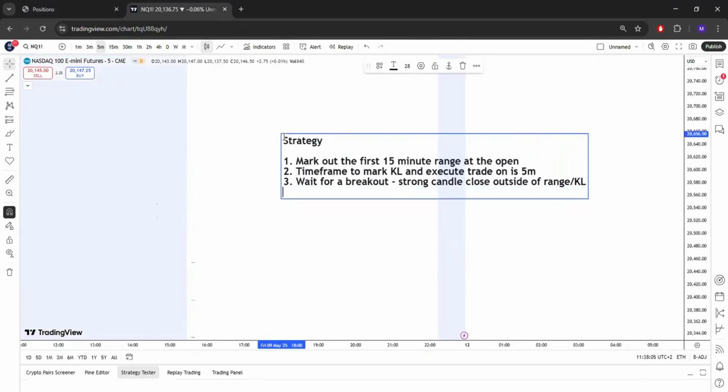Once you get that, you execute short or you execute long, and your stop loss will go above or below the range. So if you're taking a short, it will go above the range that was created at the open. If you're taking a long, it will go below the range.